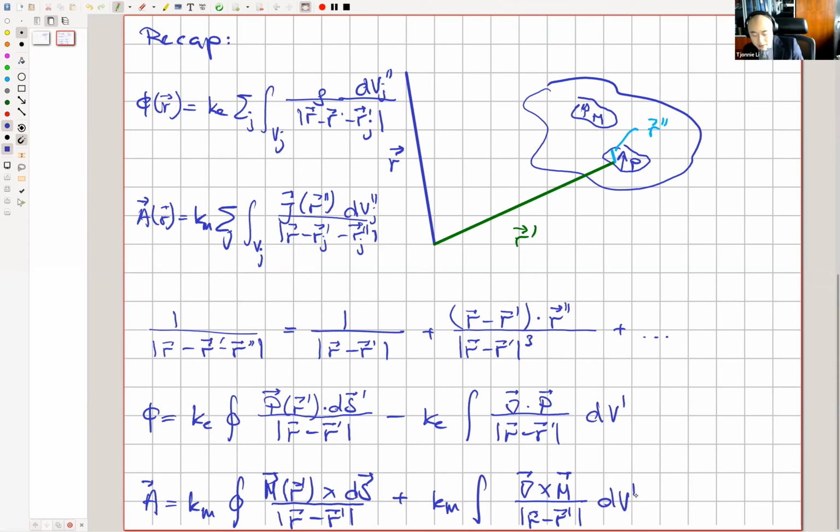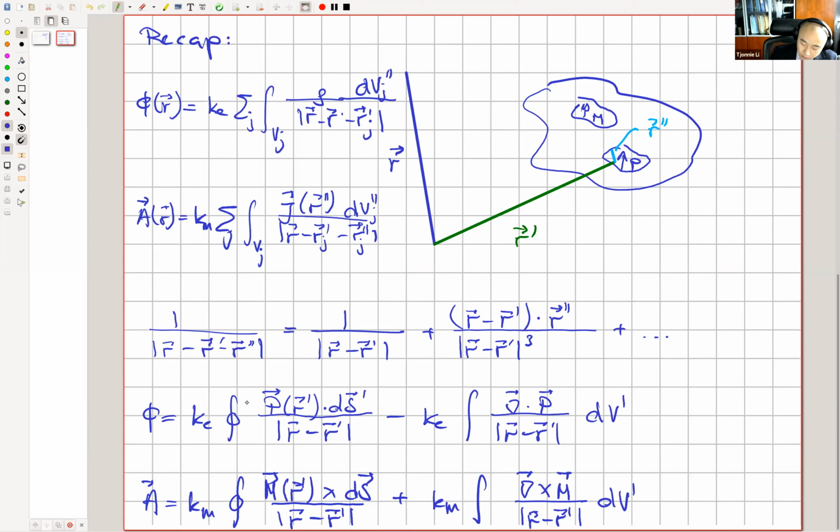Okay, so given these two expressions, we can naturally see that the scalar potential and the vector potential here and here are proportional to 1 over r.